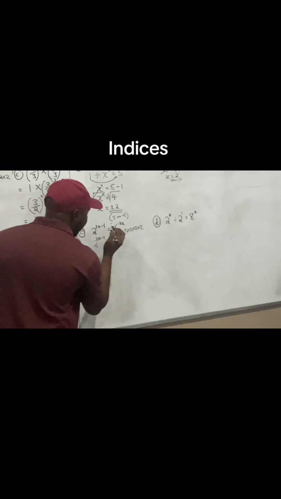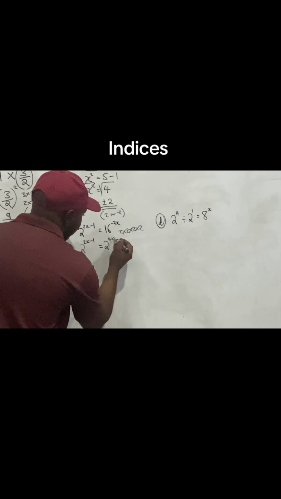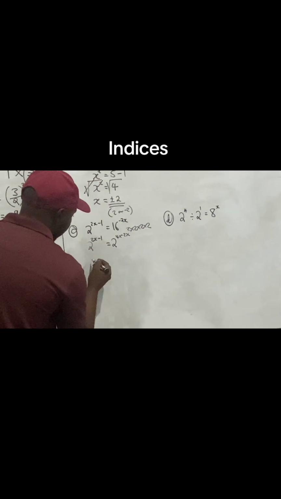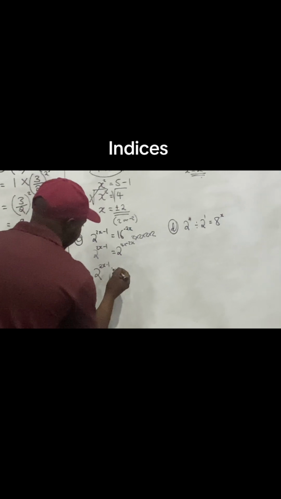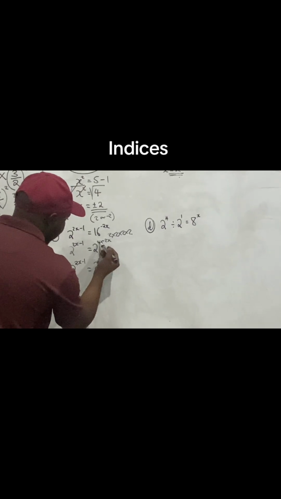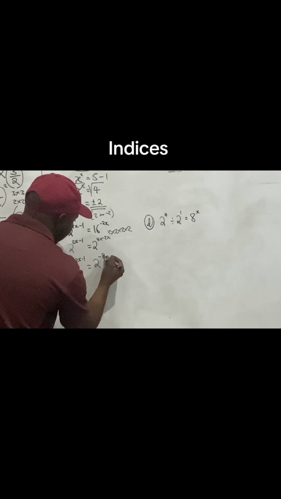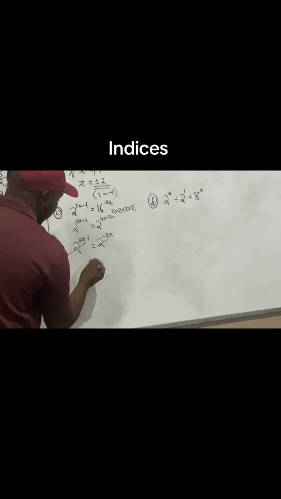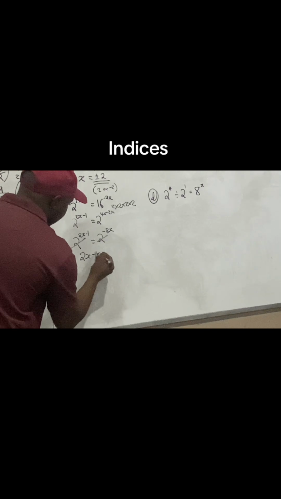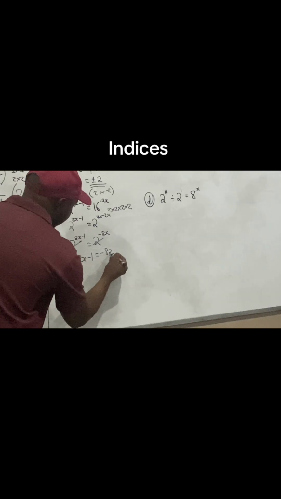Then I'll multiply the powers like this. Remember the bracket. So write 2, then 4 times the bracket is equal to negative 8x. But the bases are the same, so you cancel this one, cancel this one. You are going to have 2x minus 1 equals negative 8x.